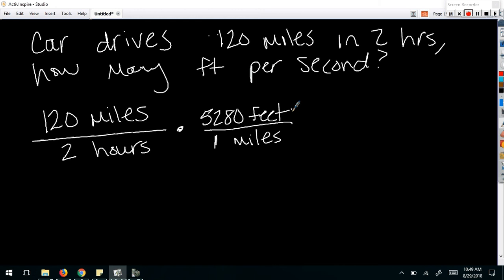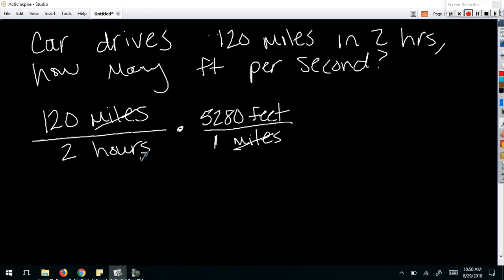If I multiplied this as is, I would be in feet per hour. But I need to be in what? Feet per second. So my top unit is good now. I need to get the bottom somehow to be seconds. Right now it's hours.